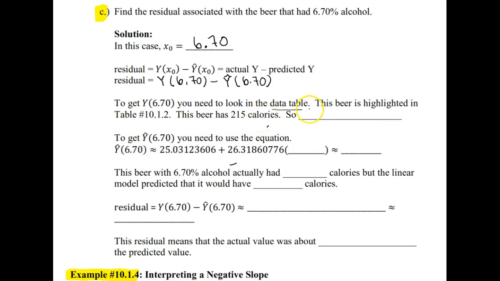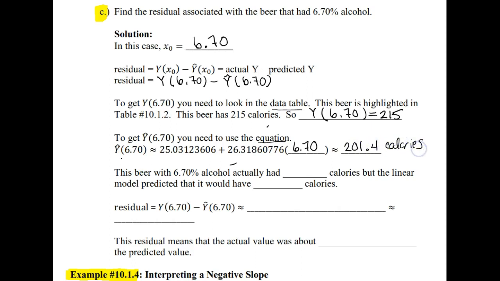So using math notation, we have y of 6.70 is 215. Now, to get y hat of 6.70, we need to use the equation, because the hat is the predicted value. So we're going to use the equation to make the prediction. We take the same equation we had before and plug in 6.70 for x, and we get about 201.4 calories.